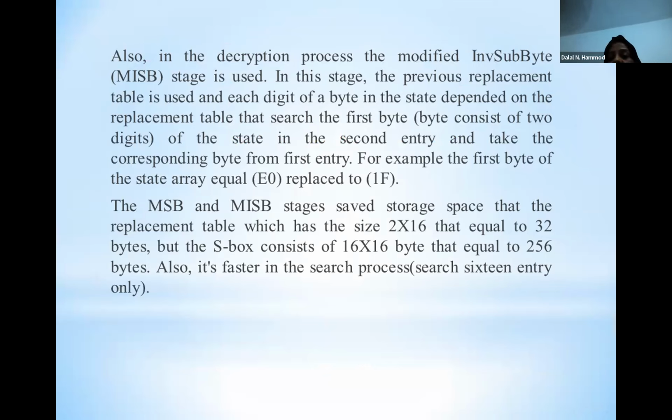In the decryption process, the modified inverse SubBytes stage is used. In this stage, the same replacement table is used: search for the value in the second entry and take the corresponding value from the first entry.